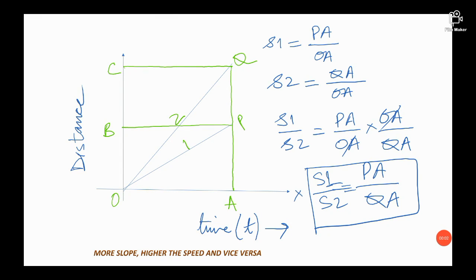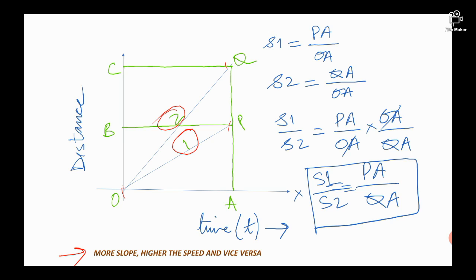In a distance time graph, there is a direct relationship between slope and speed of an object. The more the slope, the more the speed; higher the speed, higher will be the slope. Here in the graph, there are two objects, object 1 and object 2, in uniform motion in a straight line as shown by OP and OQ respectively.